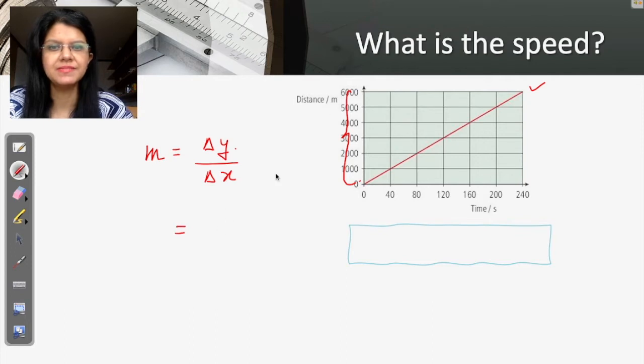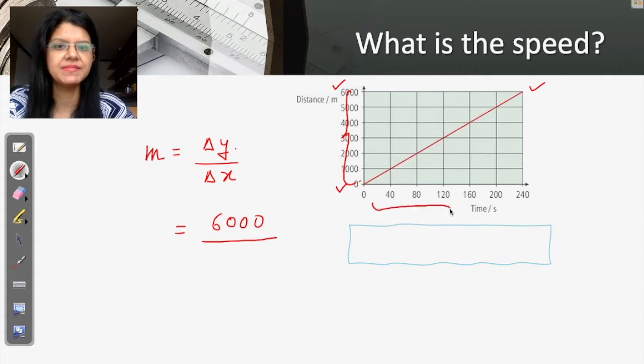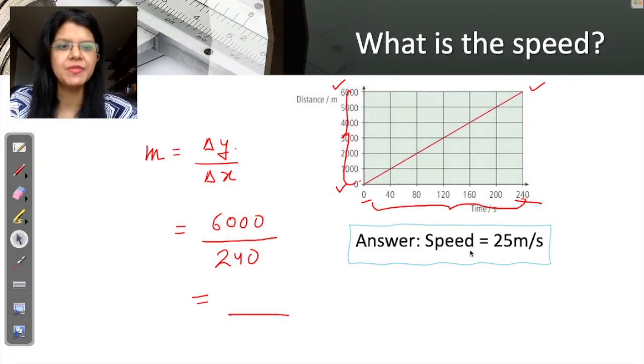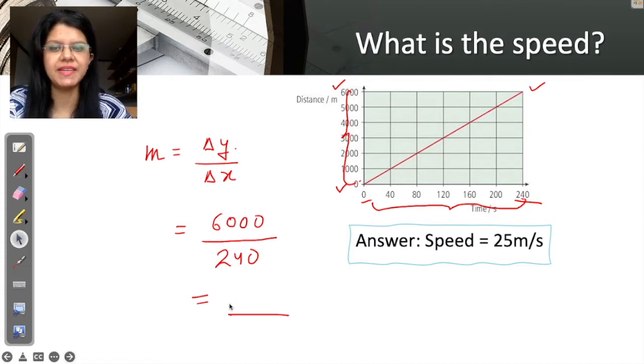Which is this minus this, 6,000 minus 0, 6,000 over, how much is the change in the x? This is the change in the x, which is 240 minus 0. This will give you your answer. You can tell your answer, it should come out to be 25 meters per second.